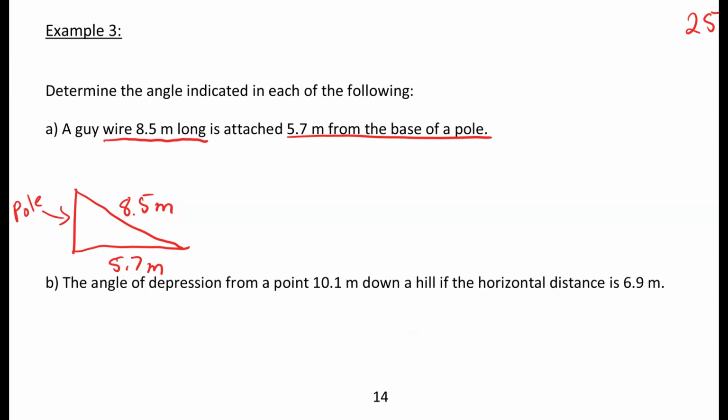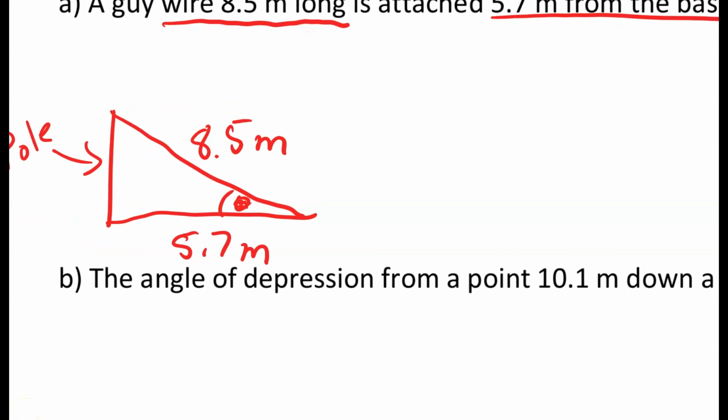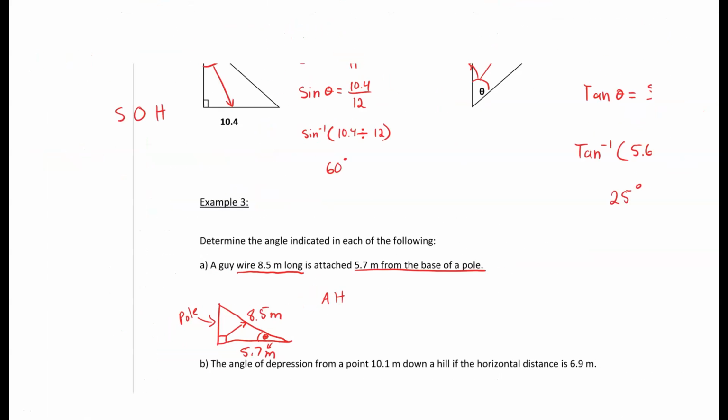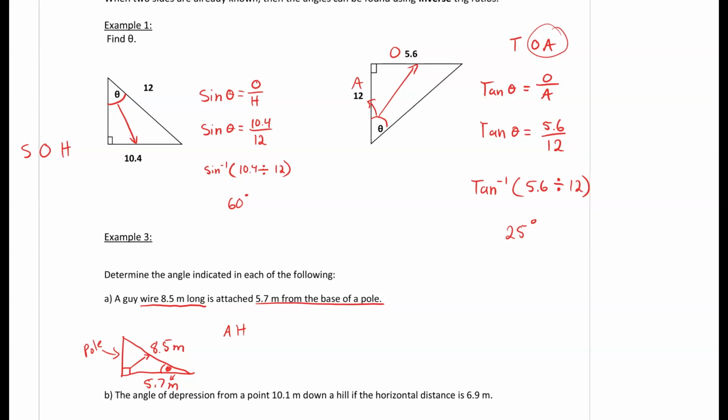Now, what we have to do is find the missing angle at the bottom here. Theta at the bottom. We have our 90 degrees here, so this is our hypotenuse, and our angle is right next to our measurement here, which means we have our adjacent. So what ratio are we going to be using?